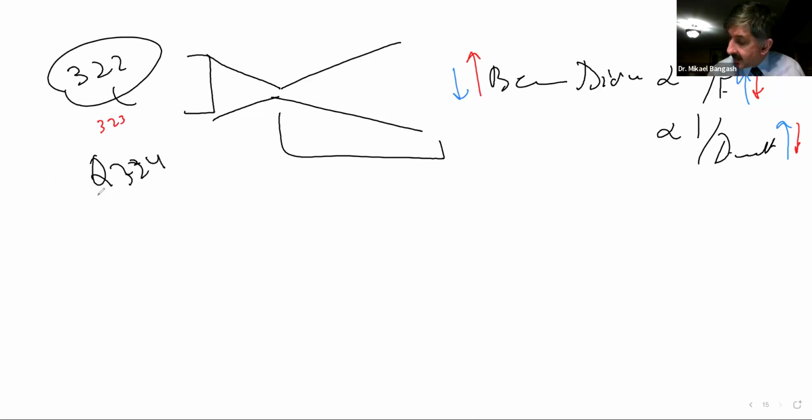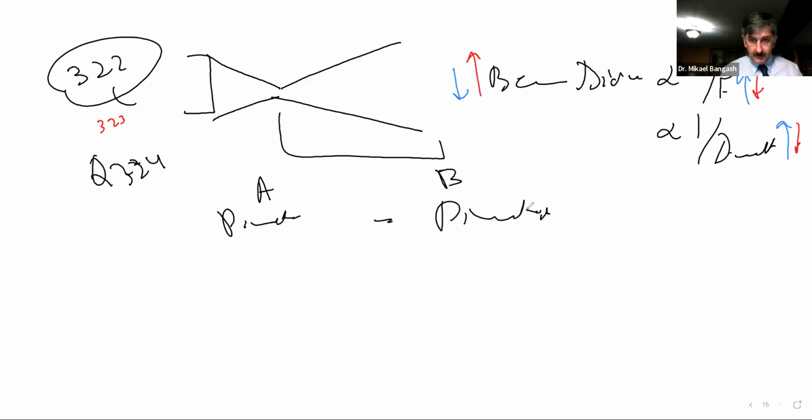Now, two ultrasound systems are identical except for the pulse repetition period. So A and B. Okay, so they are identical. So we can say diameter equals diameter.